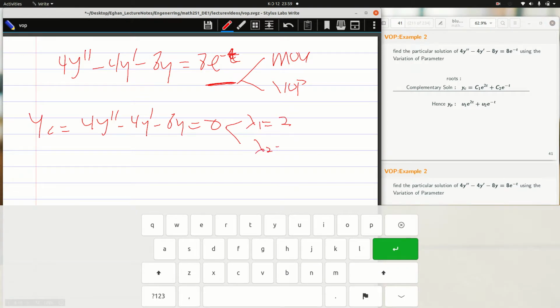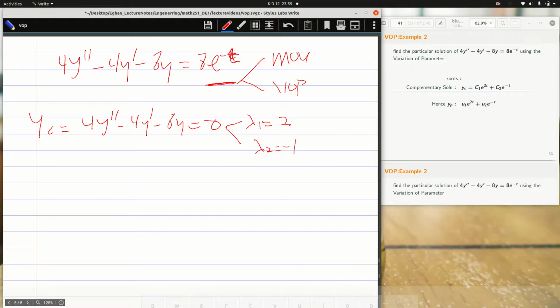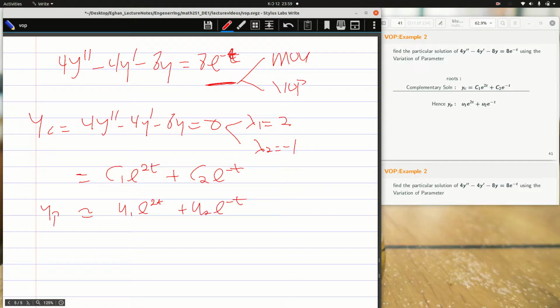You can verify these things. Now it's in terms of t, it doesn't change anything. This is yc. VOP says that my yp should be a copy of the yc. So I have u1, this remains, u2, and then the other solution remains. So I'm done with this part.